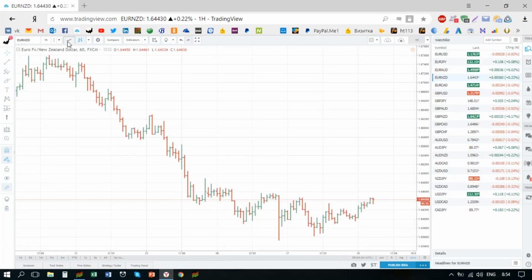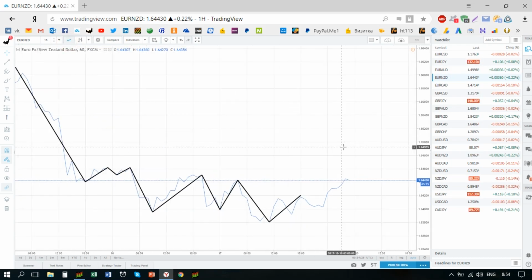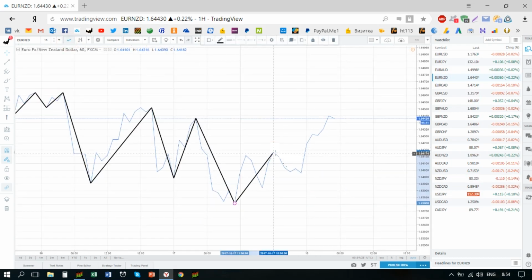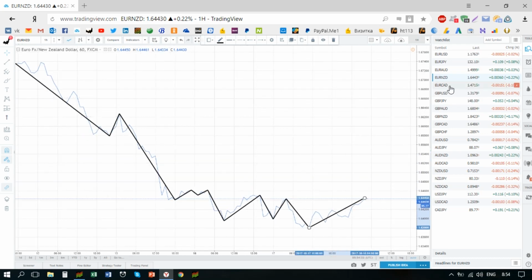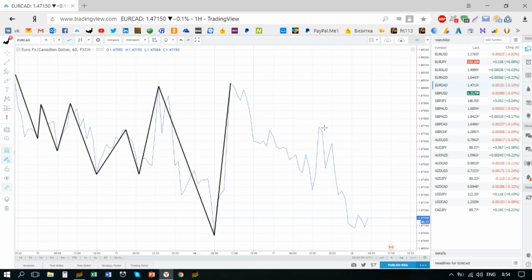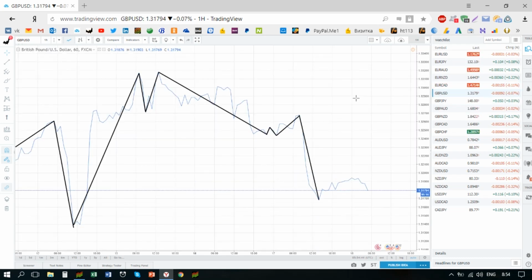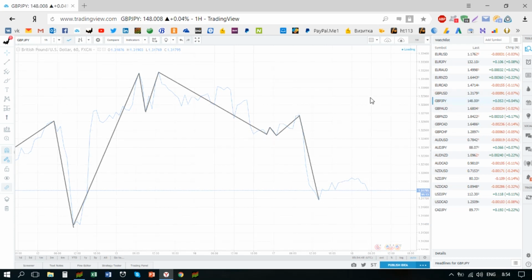Euro New Zealand, look at this, the swing goes higher and higher and it violates this high. Euro Canadian, next pair, we didn't violate any low or high of the previous swing, so we just stay in this mode. Nothing on pound dollar, pound yen.